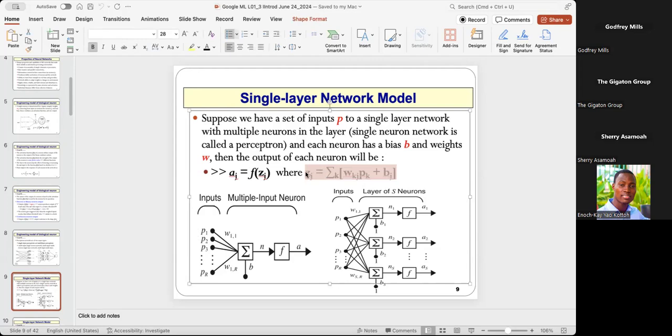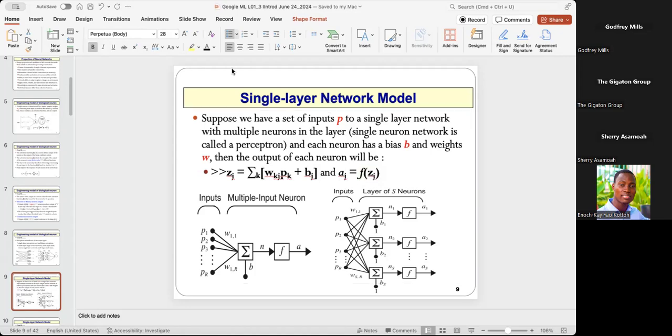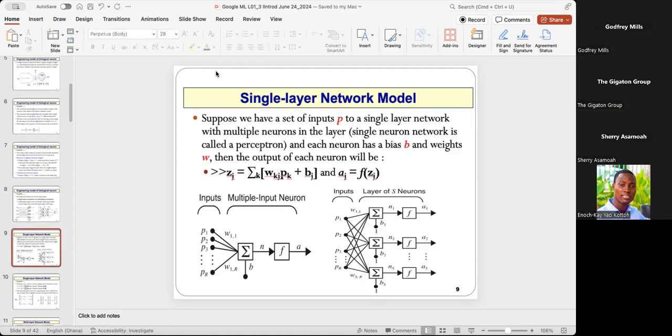This function comes in here first, and then the output of the neuron passes through the activation function, or is transformed to the output through a function. So this is a case of a single neuron with multiple inputs.